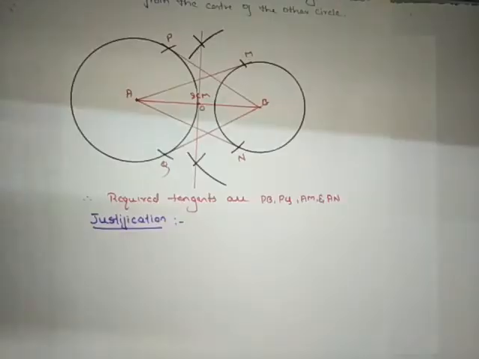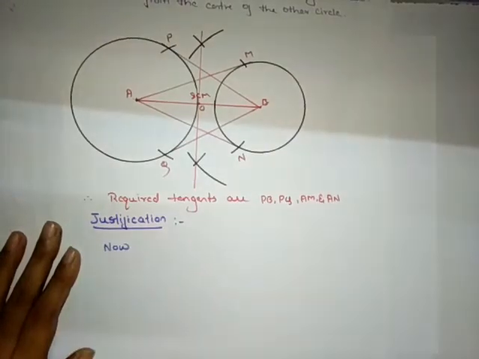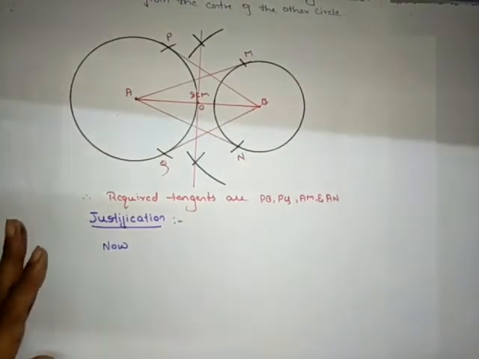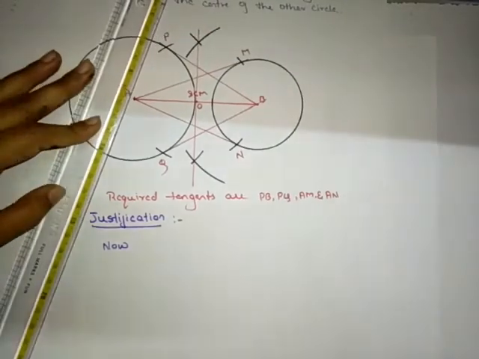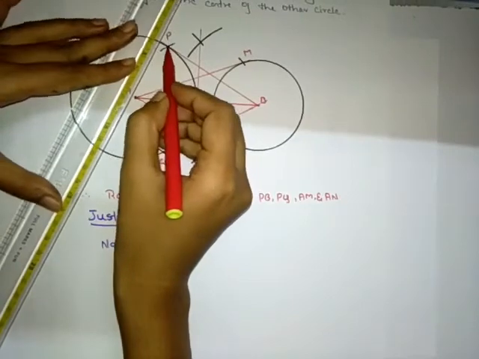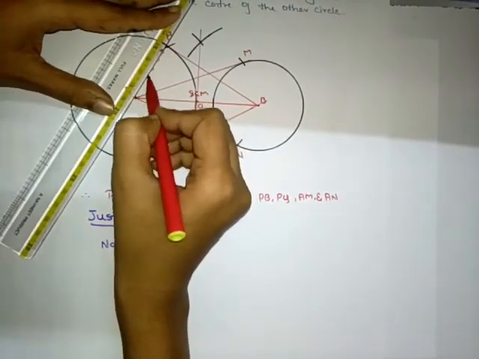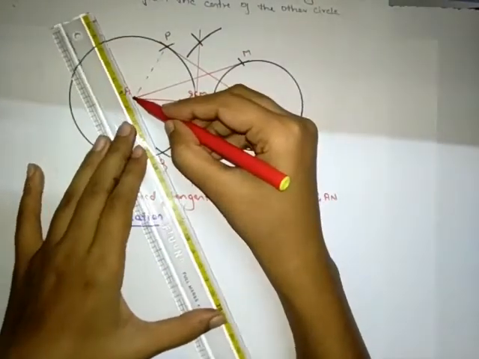Next we'll see the justification. Now let us draw a radius. We'll join AP and AQ.